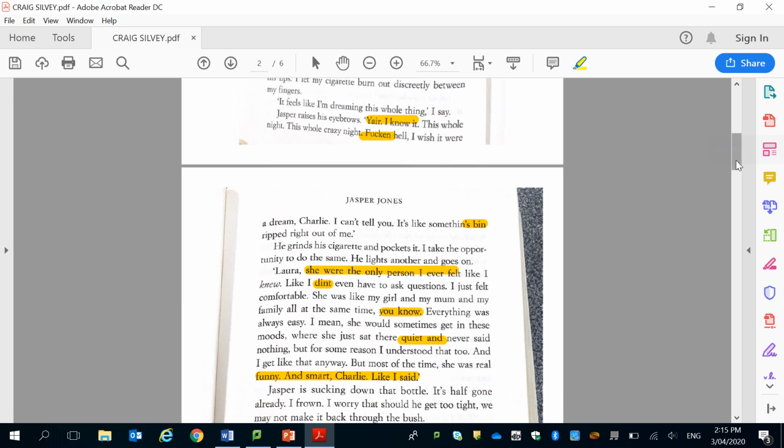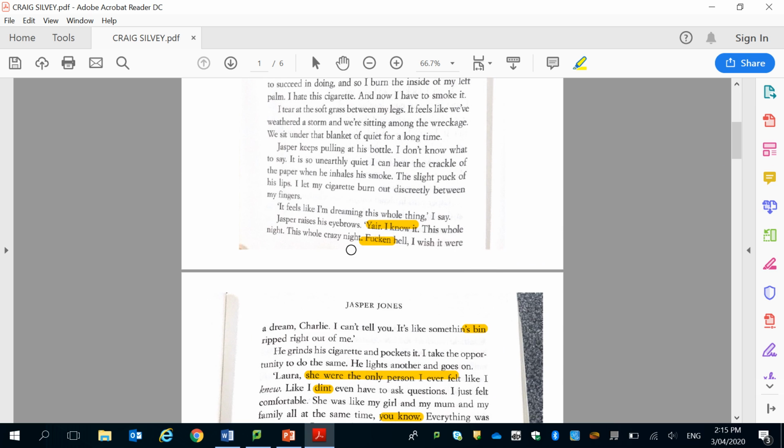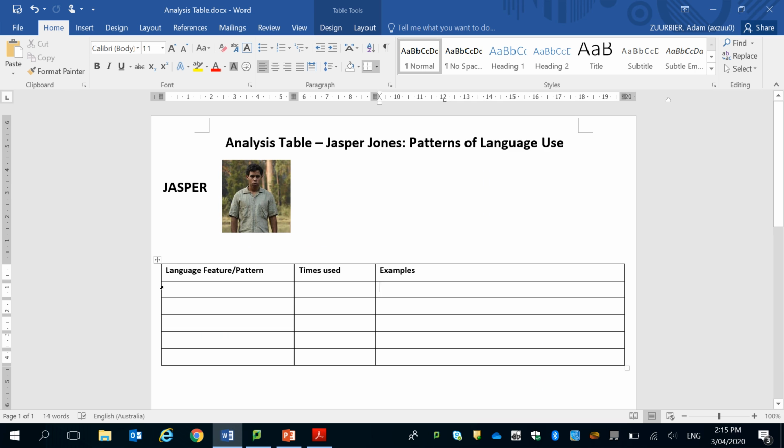Okay, so we only need to go back to the highlighted parts. So the first one here. Okay, so yeah, I know it. So we've got a mispronounced word there where his accent has come out, and then we've got the use of profanity. Okay, so let's incorporate that into our table here.